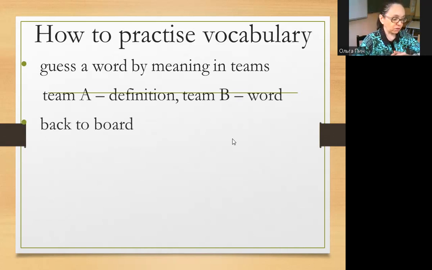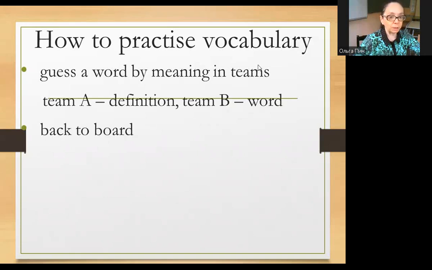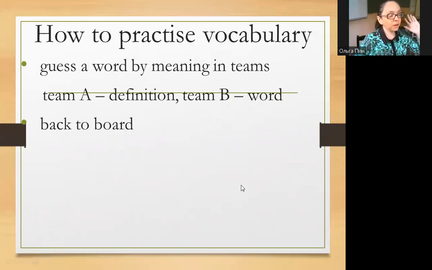One representative, one member of each team, comes up to the board, stands facing the class and with their back to the board. You write a word on the board and the other members of the team try to explain the word to their representative. The team whose representative guesses first gets a point.